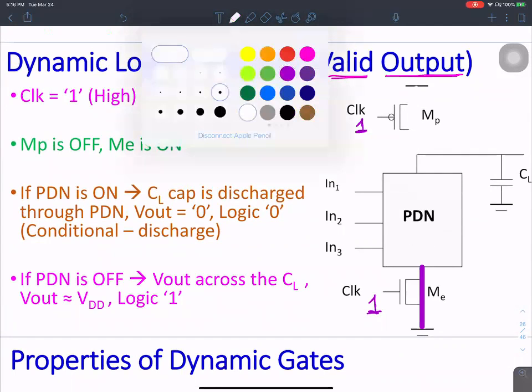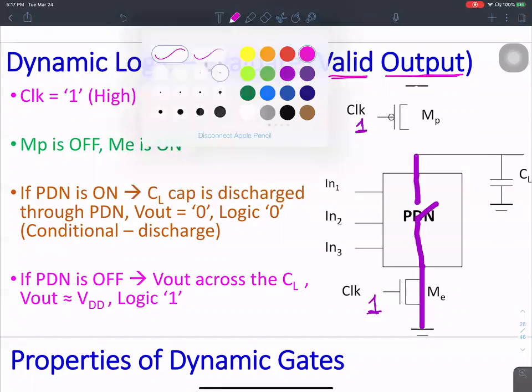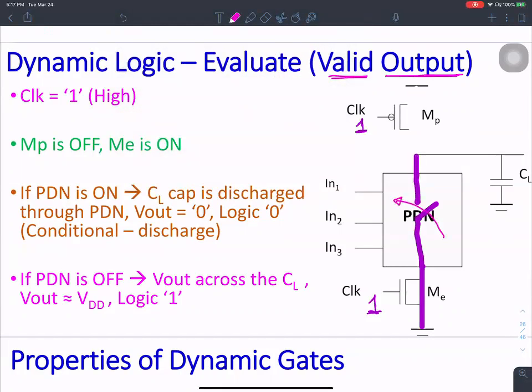The only connection is from this switch, the pull down network, to ground. Meaning, if this switch is on, then CL is going to be connected to logic 0.